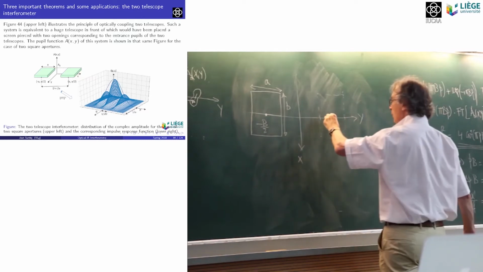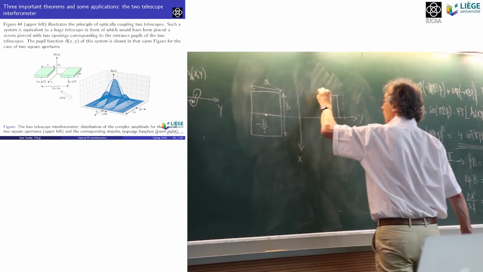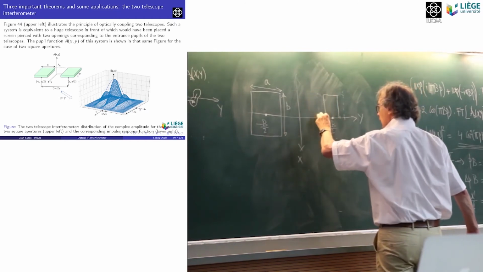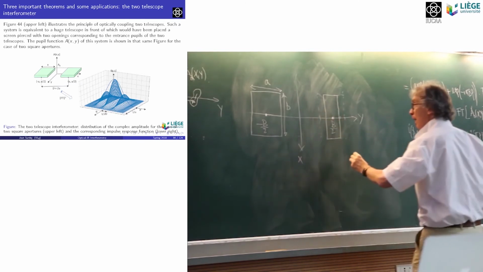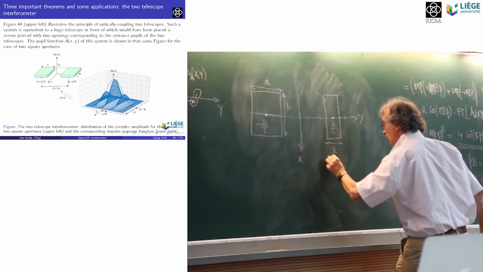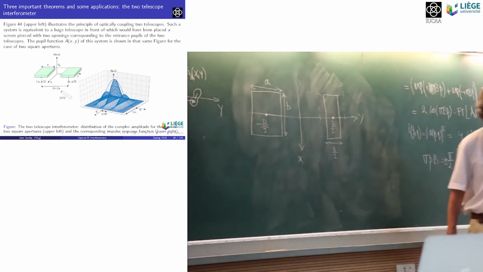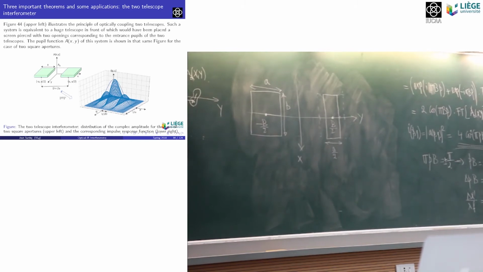I put another aperture, which is also rectangular, but the size here is a over 2. So it is as if we were observing with two telescopes whose diameters are not the same.